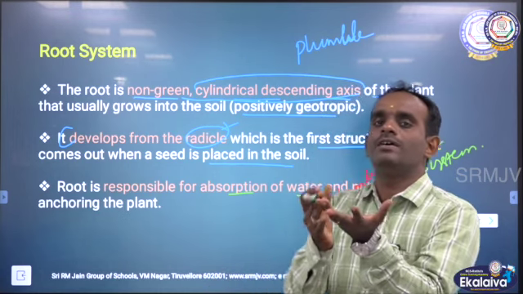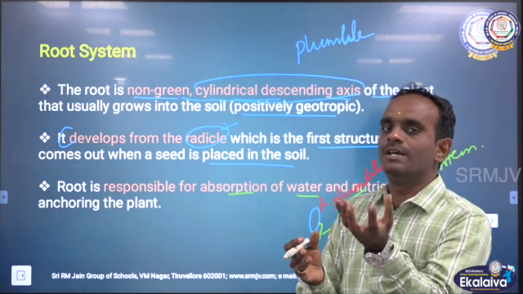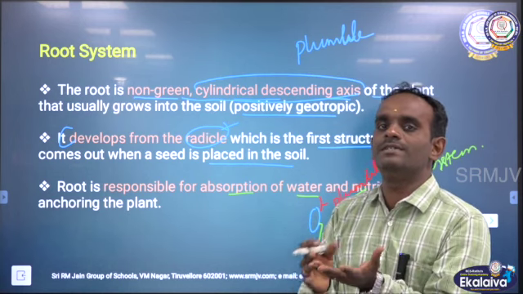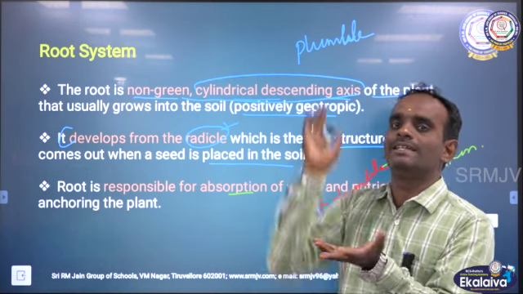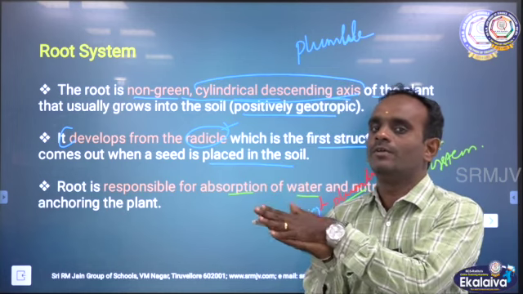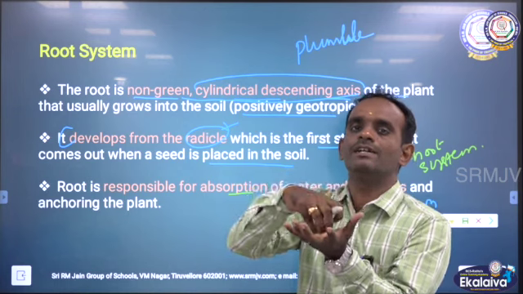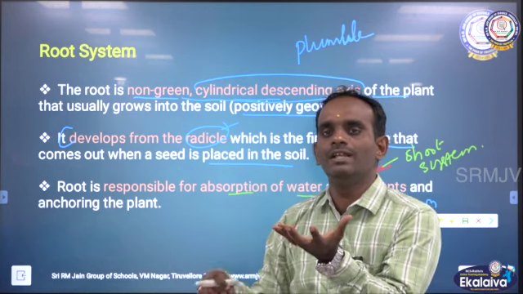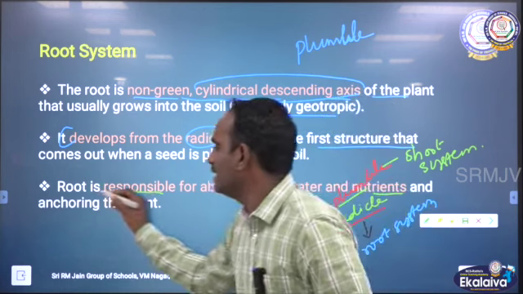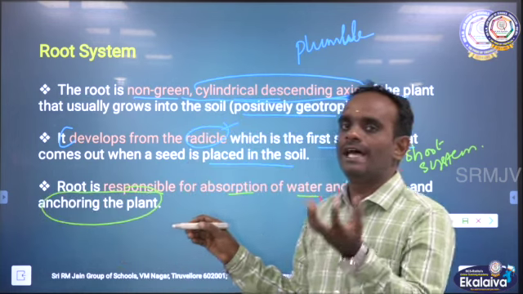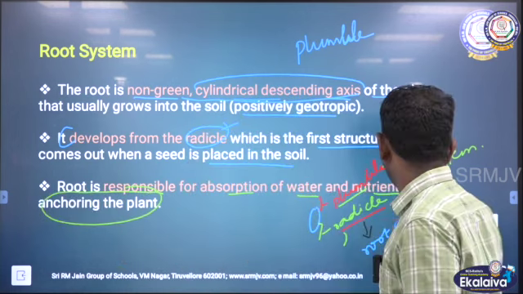If the root is not properly fixed, means it is not properly developed, the whole plant will not grow nicely, it will fall down. So the main function of the root is absorption of water and nutrients from the soil, as well as anchoring the whole plant. Okay.